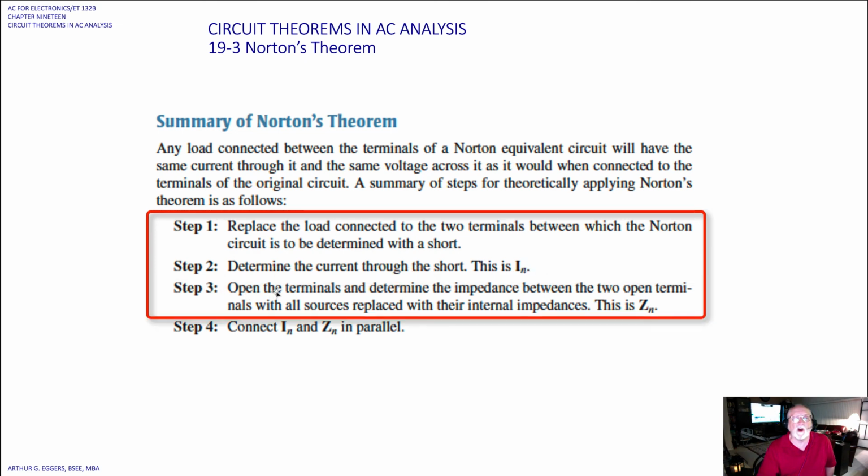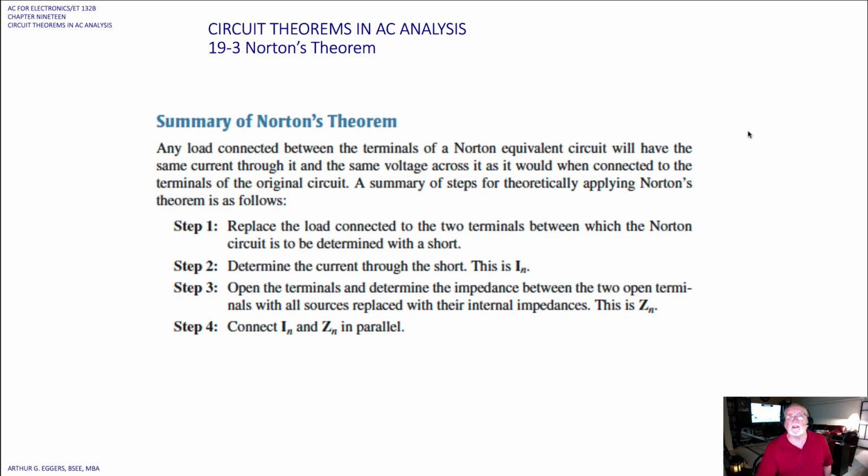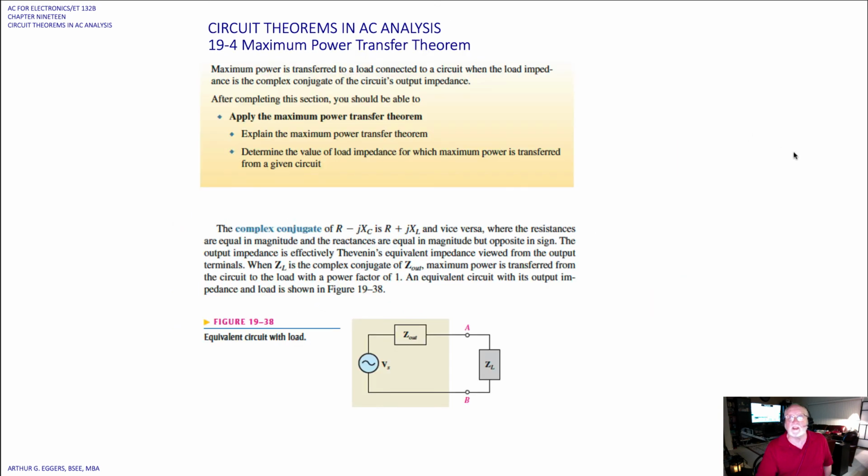Step 3, open the terminals and determine the impedance between the two open terminals with all sources replaced with their internal impedances. This becomes Z Norton, and then Step 4, connect I Norton and Z Norton in parallel as we saw to give us our Norton's equivalent circuit. So when we come back, we'll hit the last section for this chapter, maximum power transfer theorem.